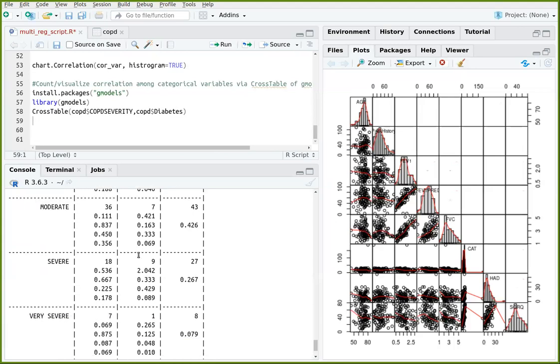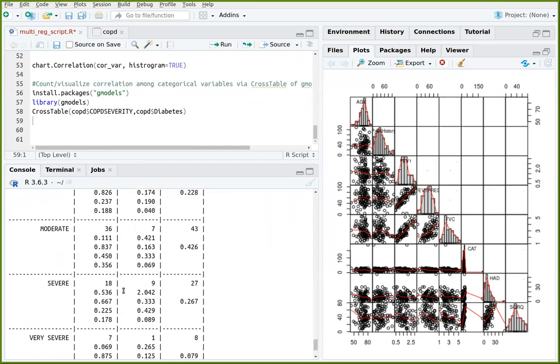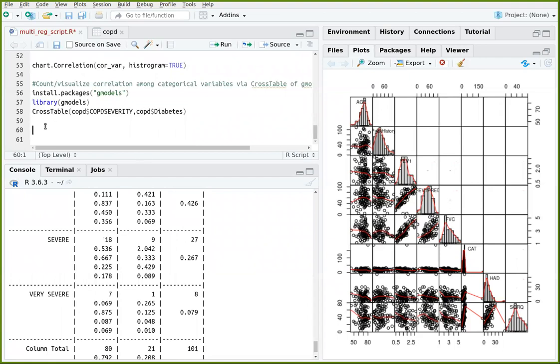It doesn't seem that much larger at all. In fact, I don't see a correlation between COPD severity and diabetes here, which is interesting, but there could be. So this is the indication, and let's take a look at that in the regression model.